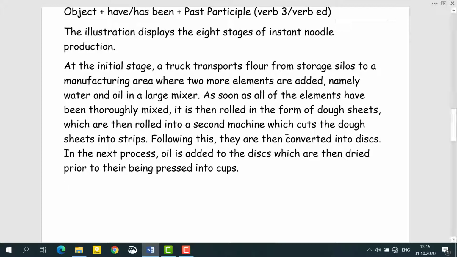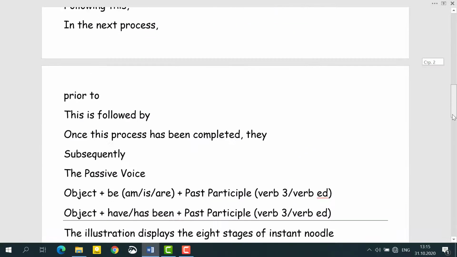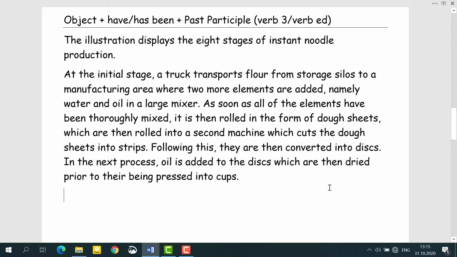In the next process, oil is added to the discs. Now look at this carefully. We have cooking oil, okay, and before we have mentioned the discs. So here, and then plus drying, okay. So therefore, that then converted into discs. Okay, here in the next process, oil is added to the discs.